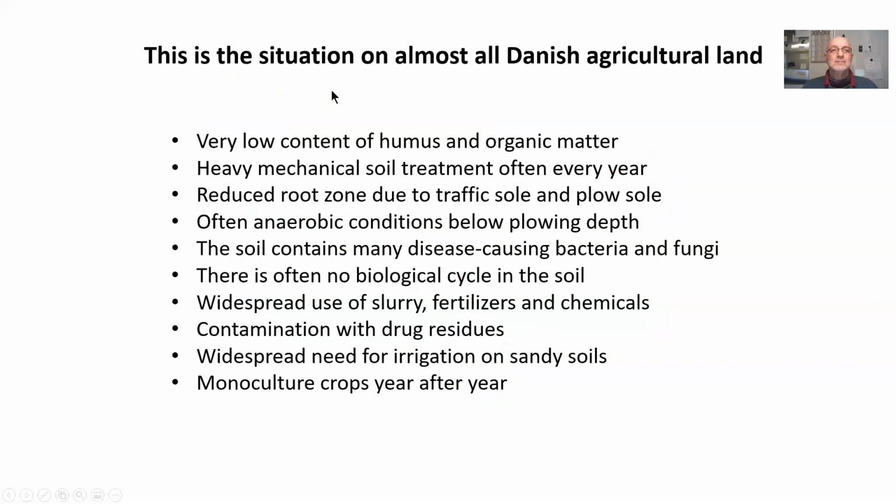Okay, the situation on almost all Danish agriculture, and I say Danish just because I'm in Denmark, and I know the Danish farm and soil quite well: very low content of humus and organic matter. Heavy mechanical soil treatment, often every year.